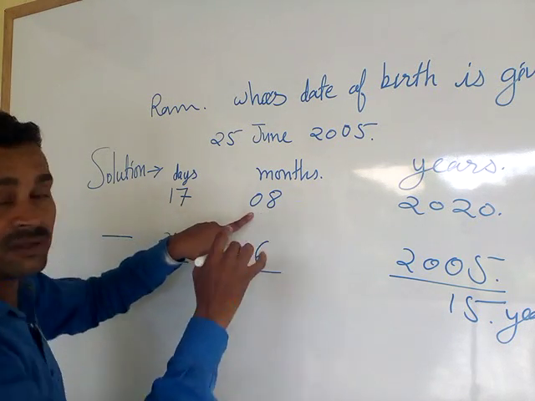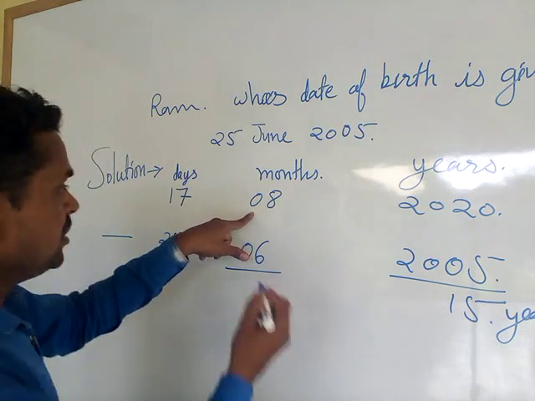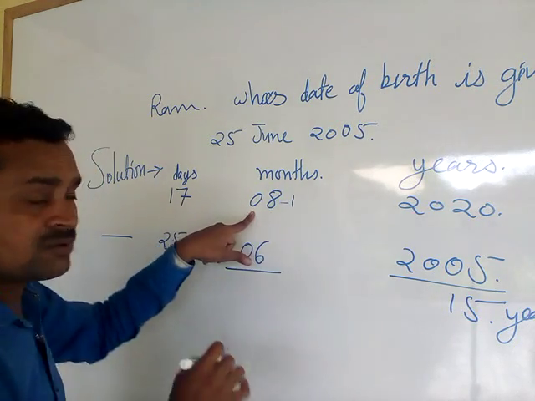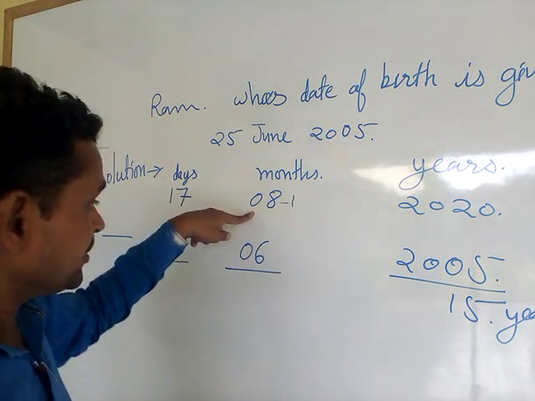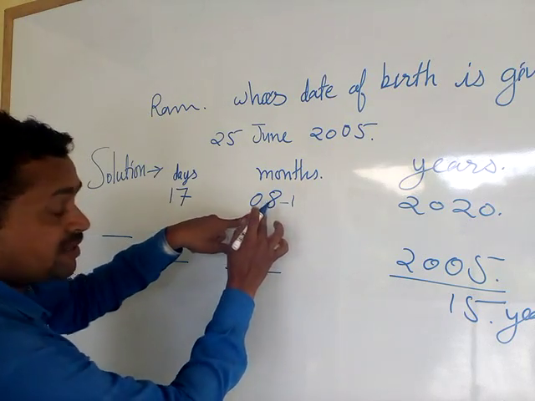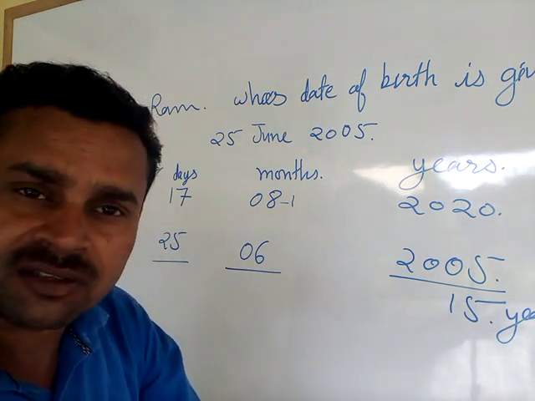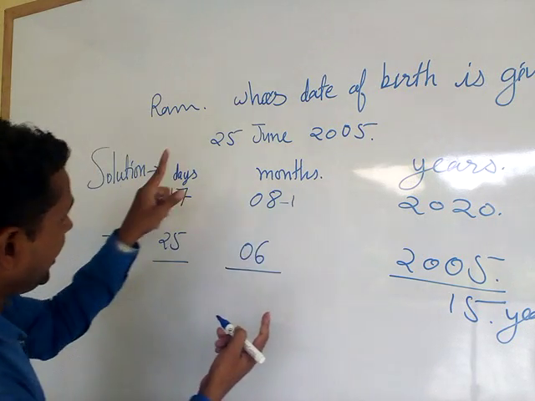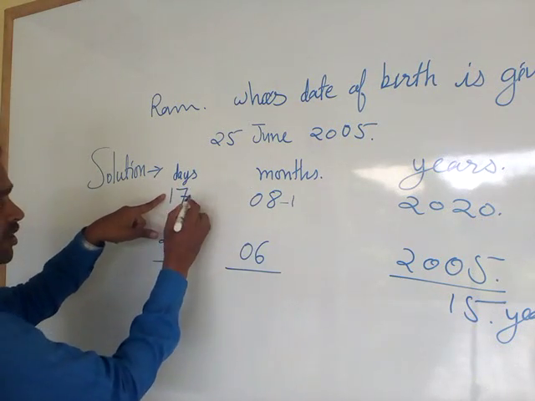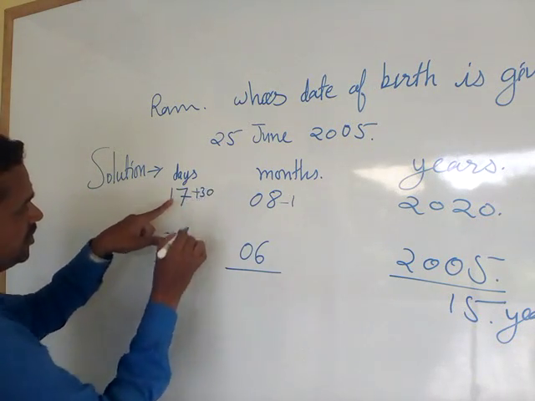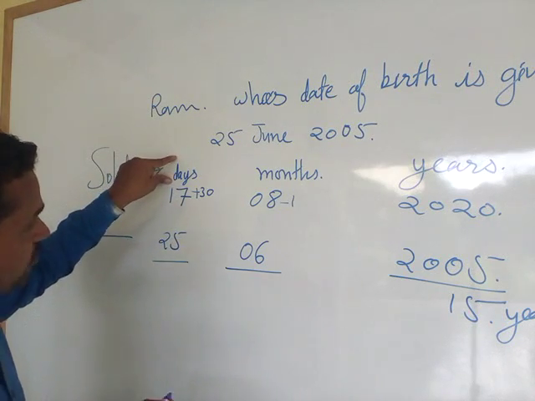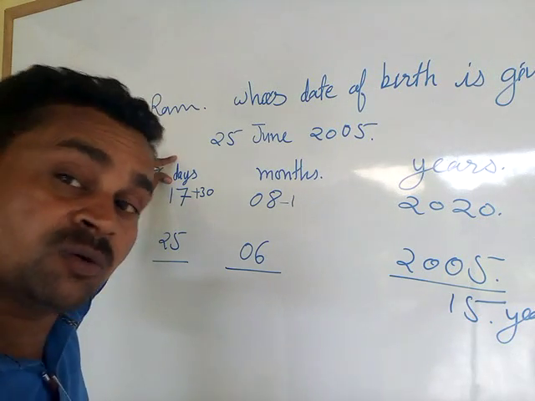There are 8 months in total, and one month should be deducted, so there will be 7 months. This 1 month is equal to 30 days, so we add 30 days here, because these are days and we have to convert a month into days.